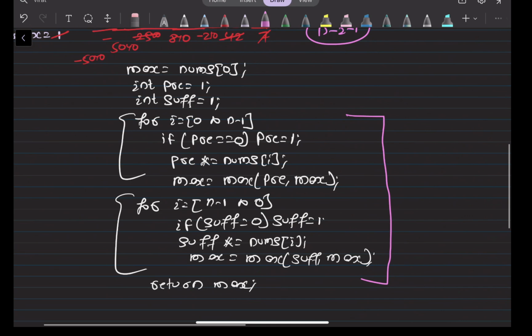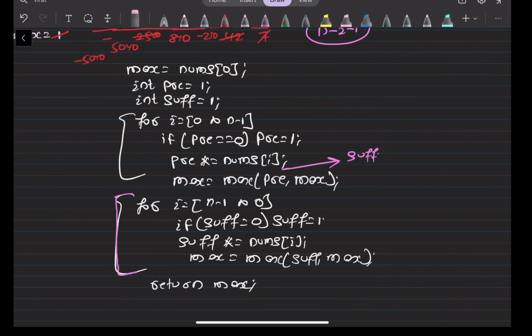So instead of writing another for loop here, can I calculate my suffix here only, as suffix is equal to suffix times is equal to nums of n minus i minus 1 to get the last index, and here we will select max from prefix, suffix and max.